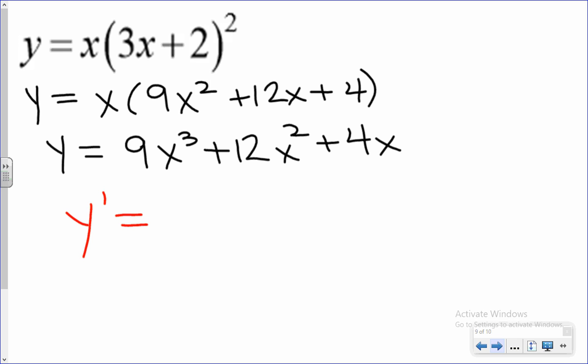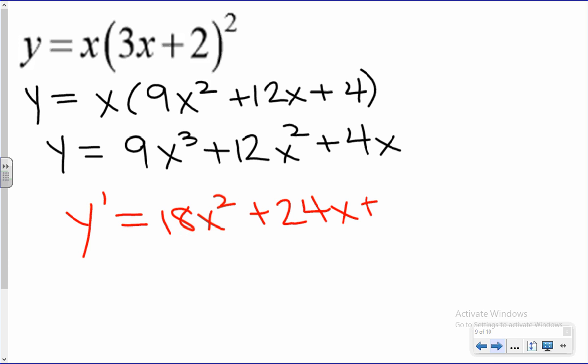So Joe, derivative of 9x cubed, what would you tell me? 27x squared. Great. Plus the derivative of 12x squared, CJ. 24x. Good.